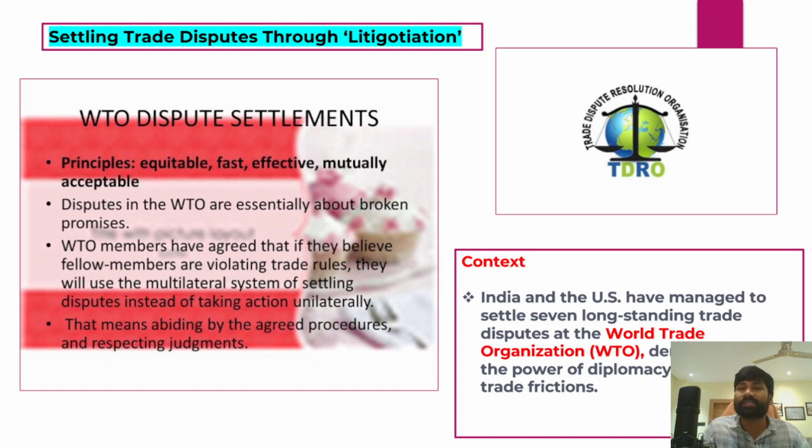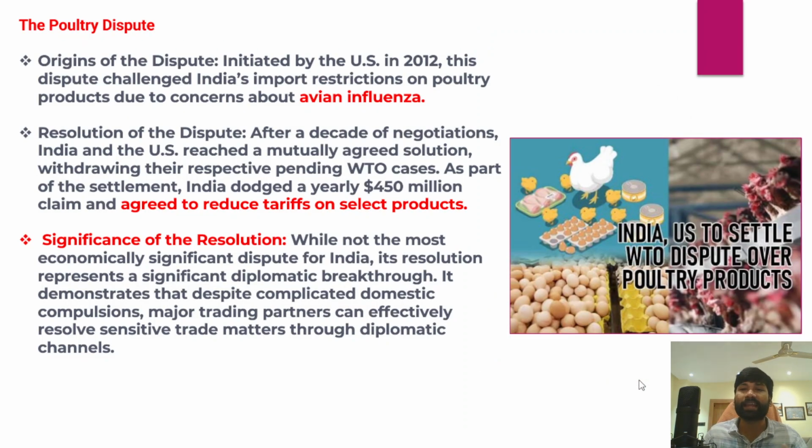Recently we have managed to settle all 7 of them. This shows the power of diplomacy in resolving trade frictions, how diplomacy can play a very important role in settling trade disputes between two countries and further step up trade, commerce and connectivity.